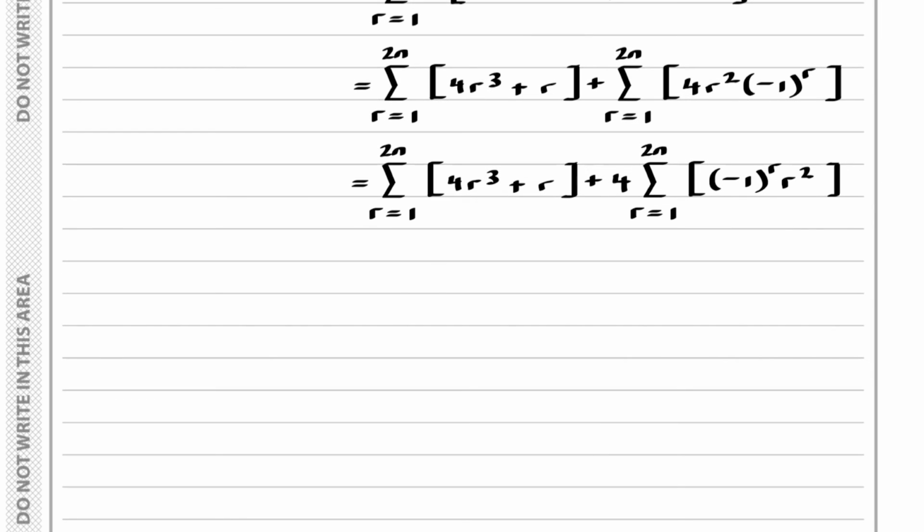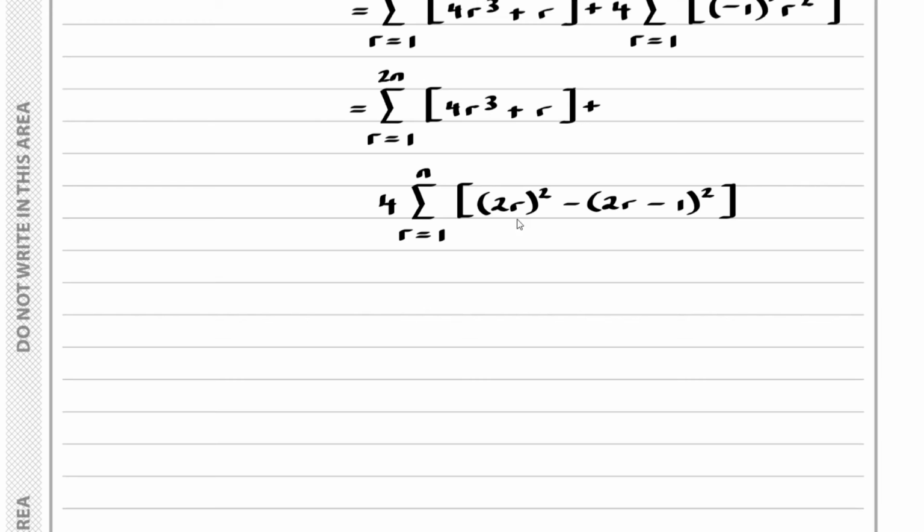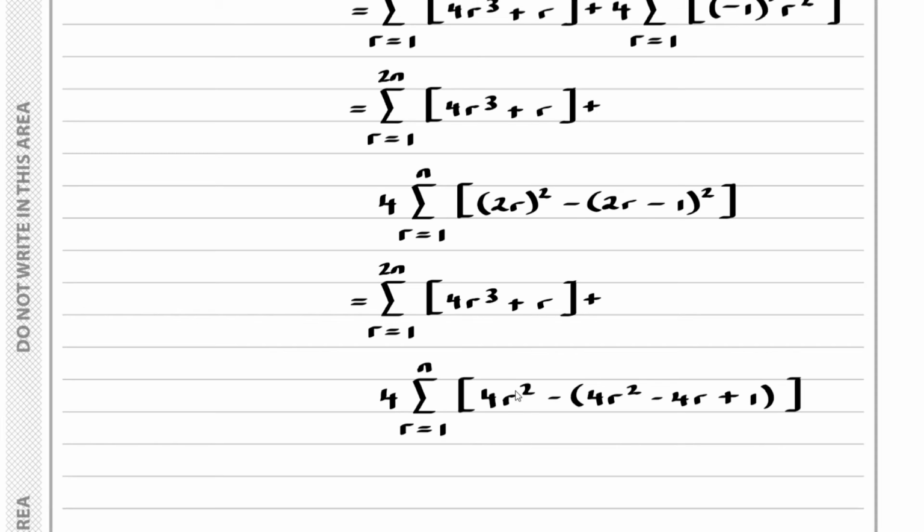Evaluating that as necessary, this bit will remain the same, the sum from r equals 1 to r equals 2n of 4r cubed plus r, and this bit, I've got plus 4 multiplied by the sum from r equals 1 to r equals n of (2r) squared subtract (2r subtract 1) squared. So this bit remains the same, and then I add on 4 multiplied by 2r squared, that's going to be 4r squared, and then I subtract the square of 2r minus 1, so I subtract 4r squared, subtract 4r plus 1.